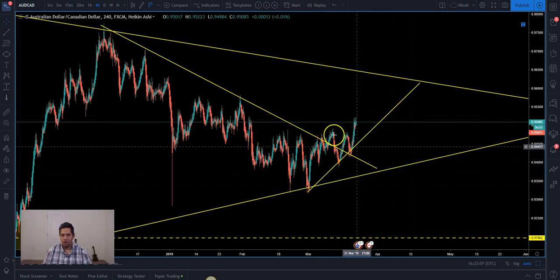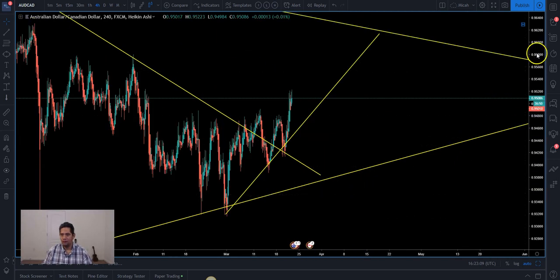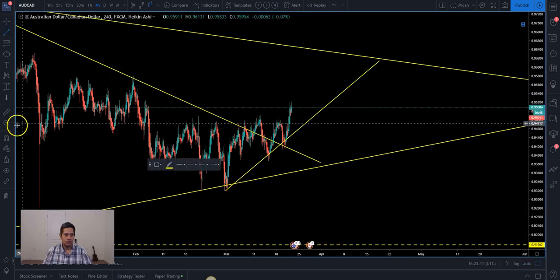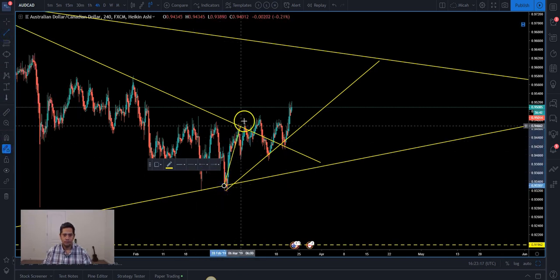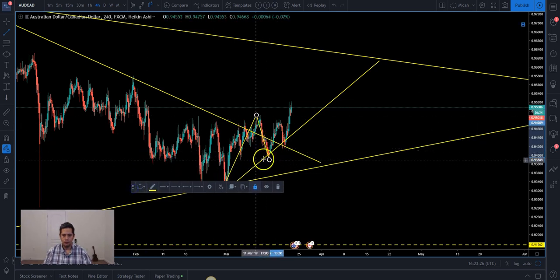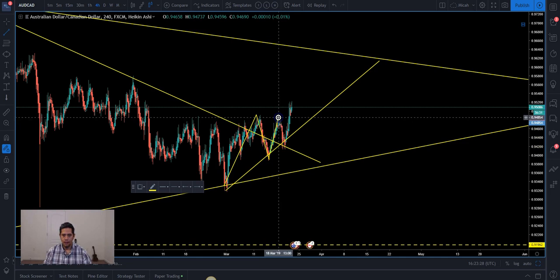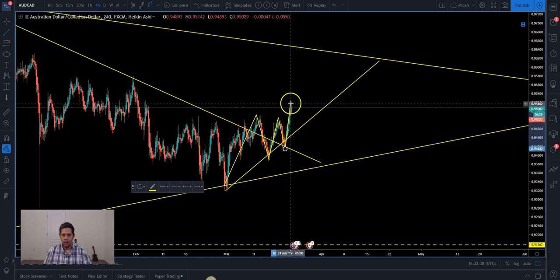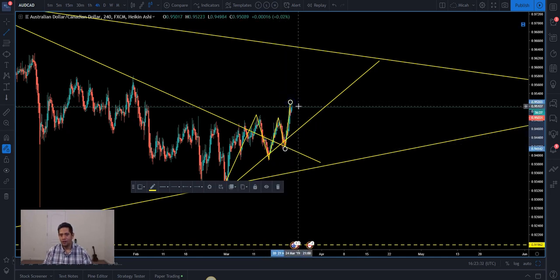Okay, so look what the market's doing right now, just on this 4-hour time frame. Higher high, higher low, higher high, higher low, higher high, and this is where it called the sell.